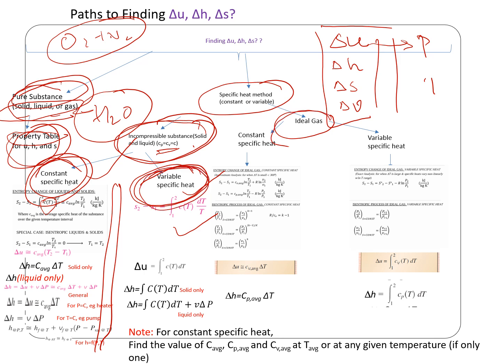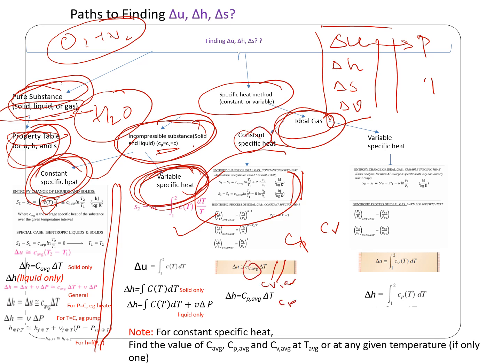Remember, you can use this equation only for an ideal gas, like here, changing entropy, and this one is changing internal energy. And if you see, for the gas, Cp and Cv are not the same. So when you are using constant specific heat, you have Cv average, Cp average, whereas for an incompressible substance, you just have C average, because Cp and Cv are the same for an incompressible substance if you are using the constant specific heat method.